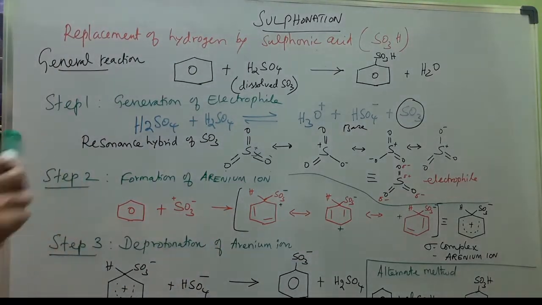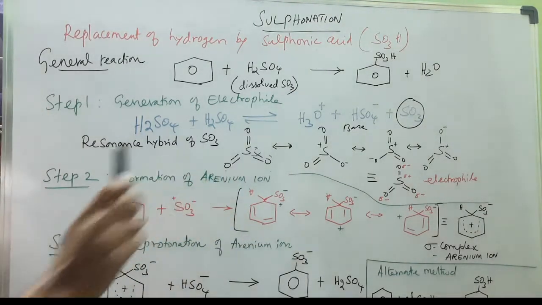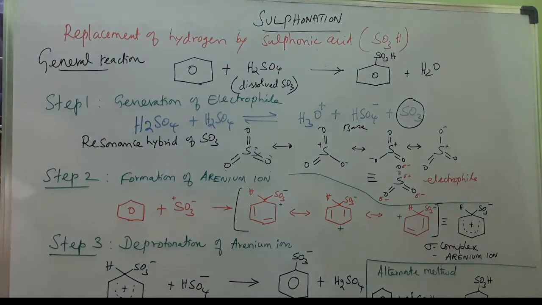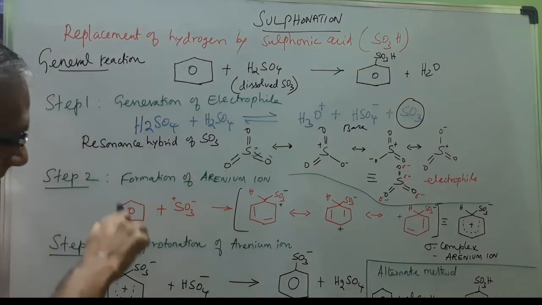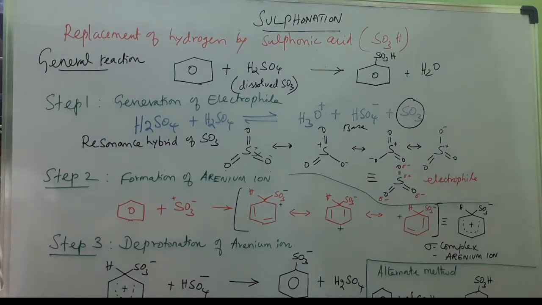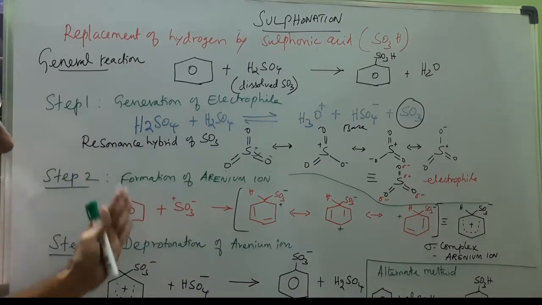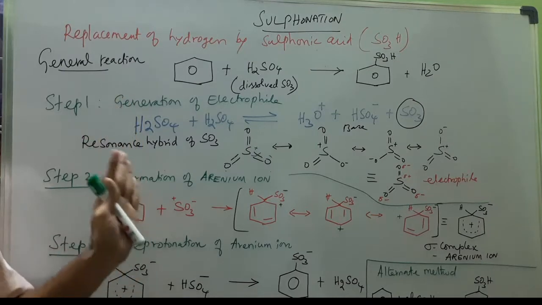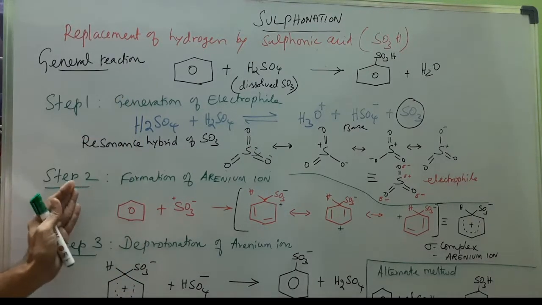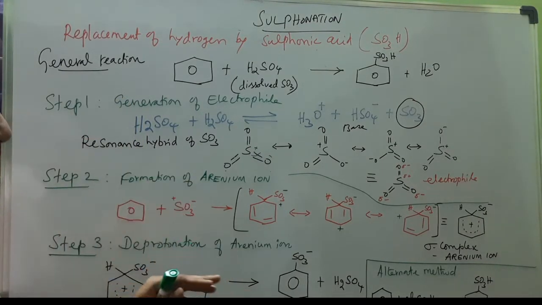So, step 2 in this reaction is the formation of the arenium ion. As I already pointed out in previous videos, presentation is good while writing in examinations, so we need to follow the various steps and give explanations for individual steps also.